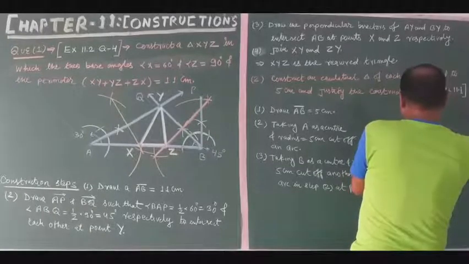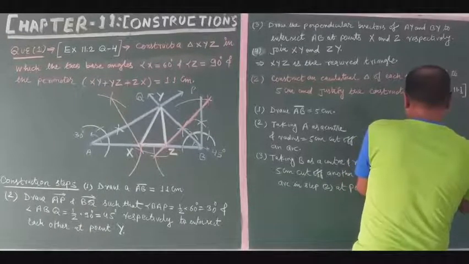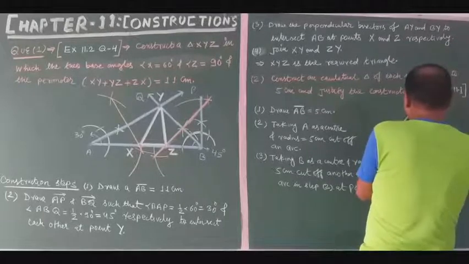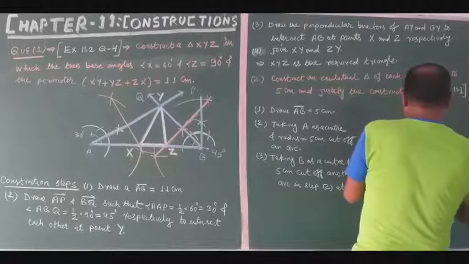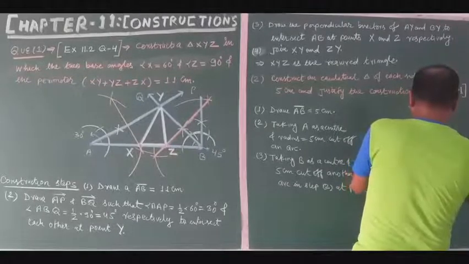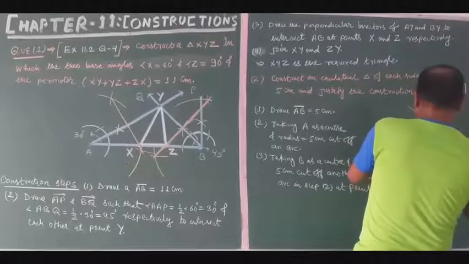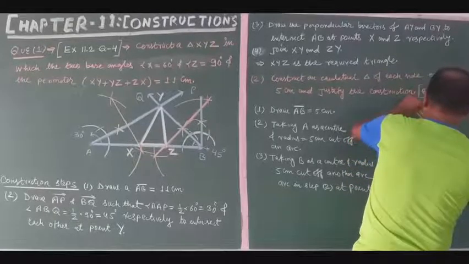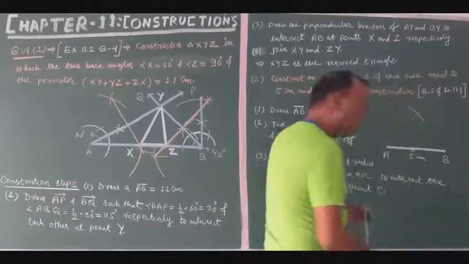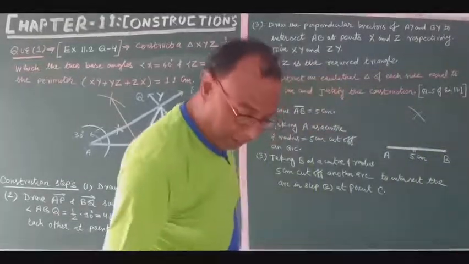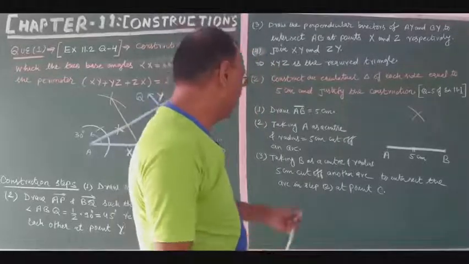And with the same radius, this 5 centimeter, we will cut off the arc here. And with the same radius, we will cut off this arc in this way. So both will intersect at this one. Both the arcs will intersect where? At point C.